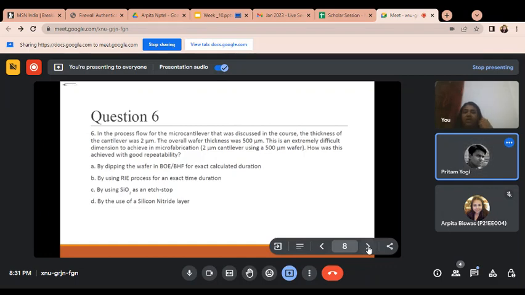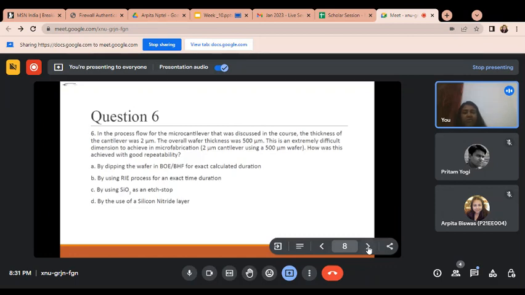Also, the next question is, in the process flow for the microcantilever that was discussed in the course, the thickness of the cantilever was 2 micrometer. The overall wafer thickness was 500 micrometer. So this is an extremely difficult dimension to achieve in microfabrication, a 2 micrometer cantilever using a 500 micrometer wafer. How was this achieved with good repeatability?